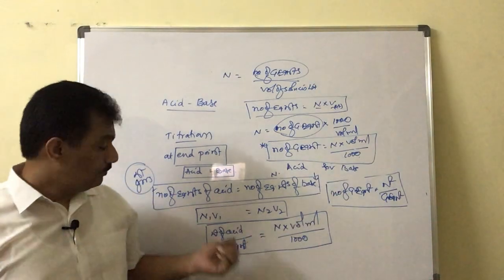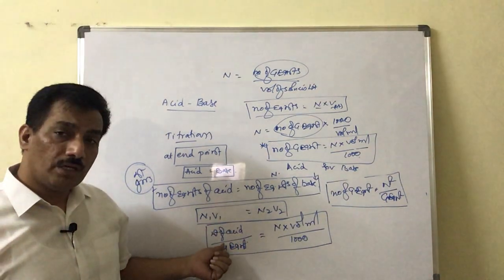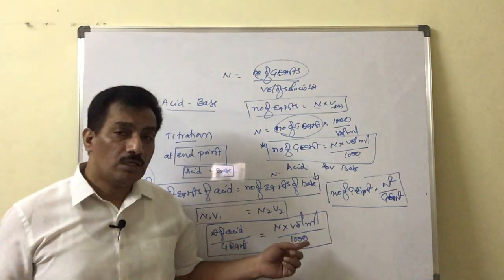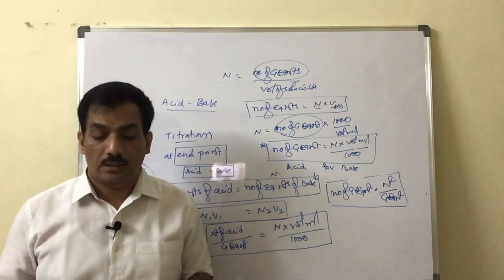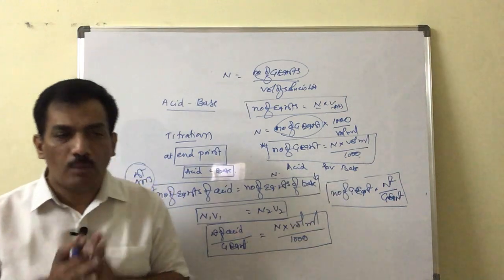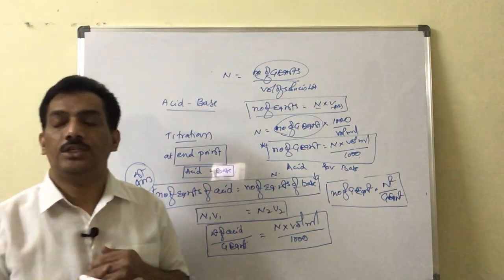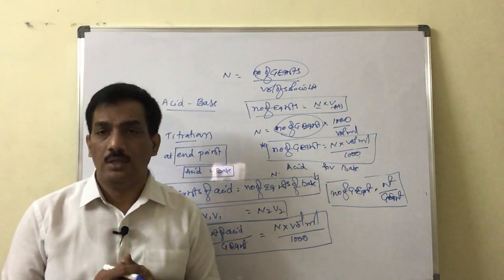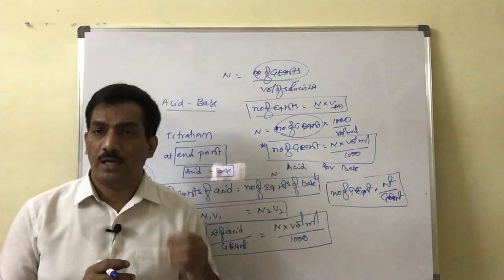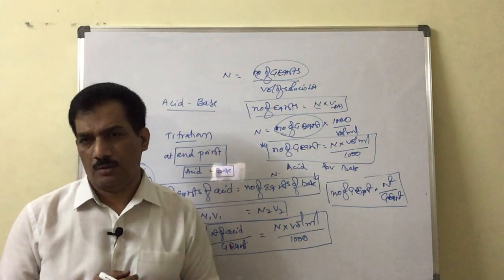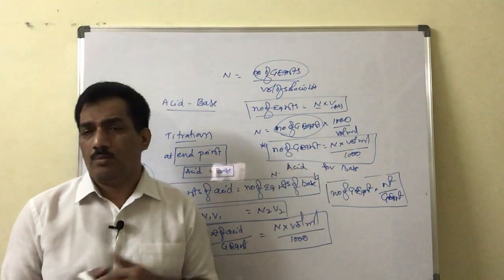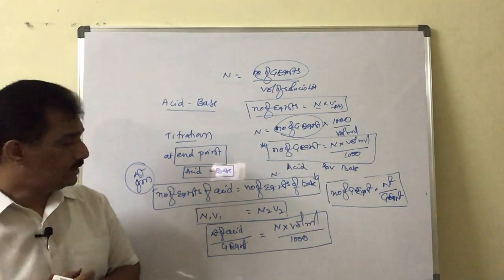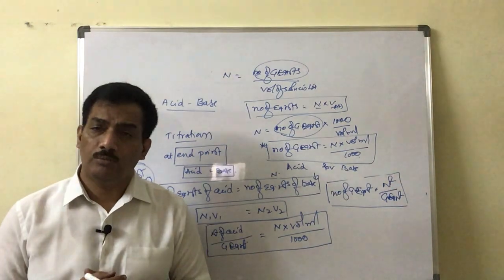Then weight of base by gram equivalent weight of base is equal to normality of acid into volume of acid in ml by 1000. Like that, when the weight of a component is given, just convert it into gram equivalent weight as weight of that substance by gram equivalent weight. And for the other one given as normality and volume, the number of gram equivalent weights of that component is nothing but normality into volume in ml by 1000.